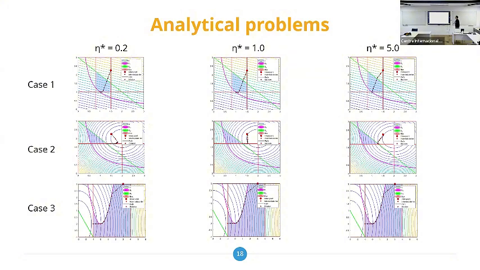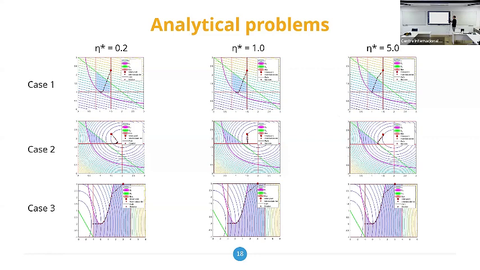And this is an application of the null space, a small application, like a toy example for analytical problems. Analytical problems basically means problems where the objective function and the constraints are analytical functions like paraboloids, planes, hyperbolas, and so on. So I have solved 3 cases with different eta stars to see more or less how the path of the optimization process behaves.